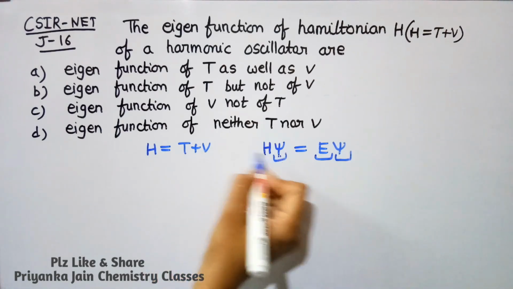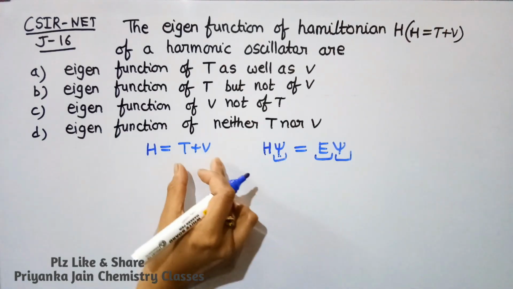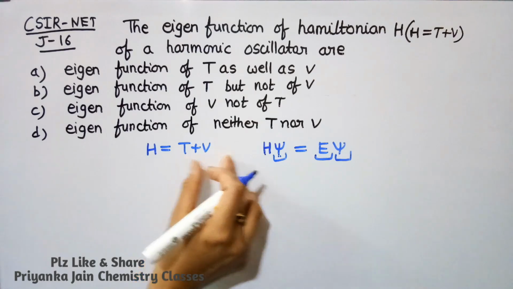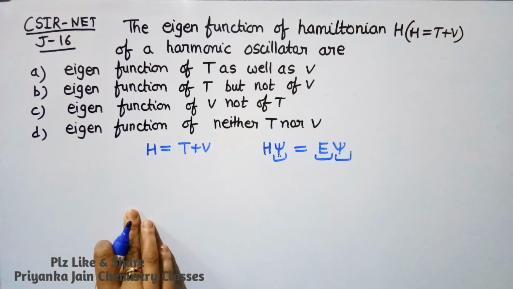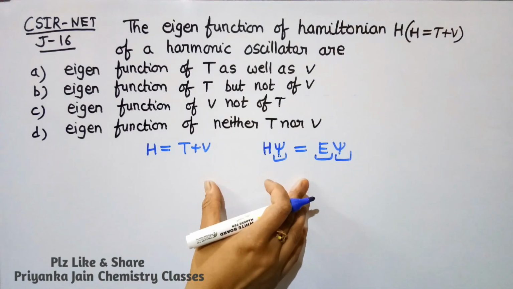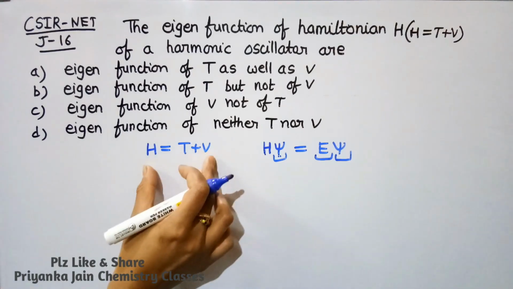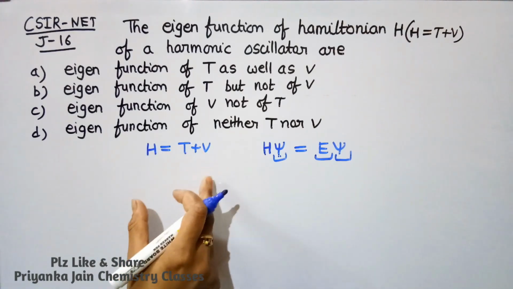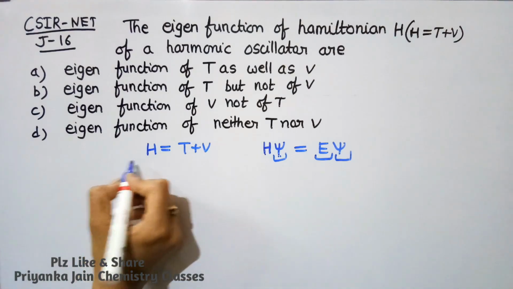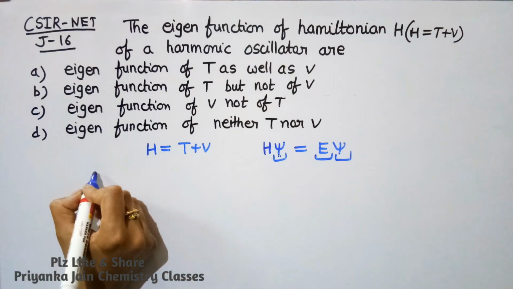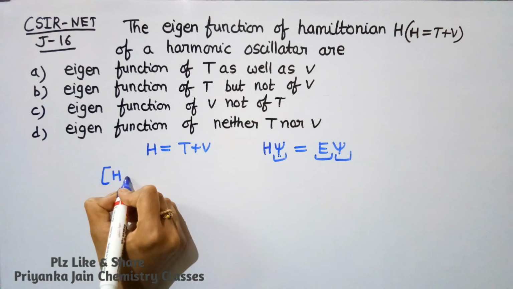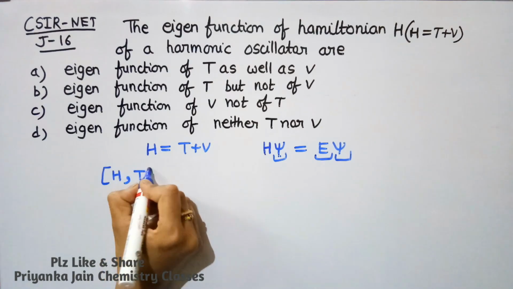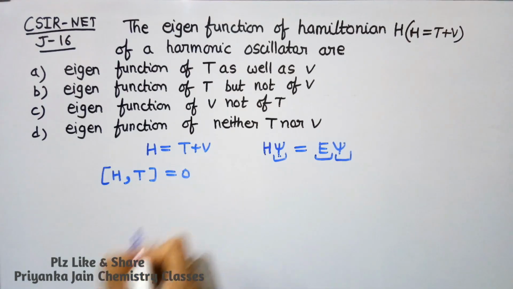So here what is the question? If this psi is an eigen function of H, then is this psi also a function of T, or a function of V, or both the function of T and V, or neither a function of T nor a function of V? For this condition, we should know this can be satisfied only if this Hamiltonian operator satisfies one condition.